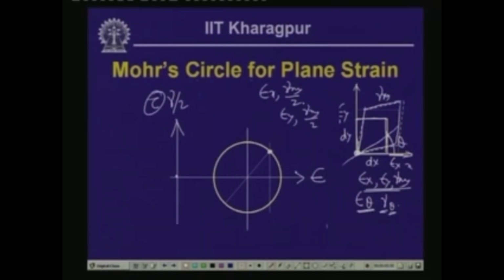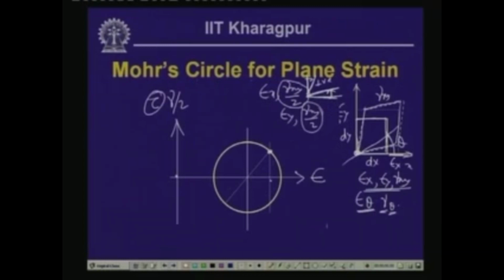Now, if you remember, when we were looking into the sign convention, from x it is oriented at an angle of gamma xy by 2 in the anticlockwise form, which we are calling positive, and in the y direction it is oriented again by gamma xy by 2 in the clockwise direction, which is the opposite.